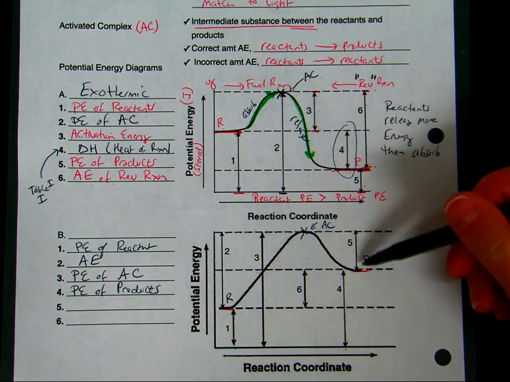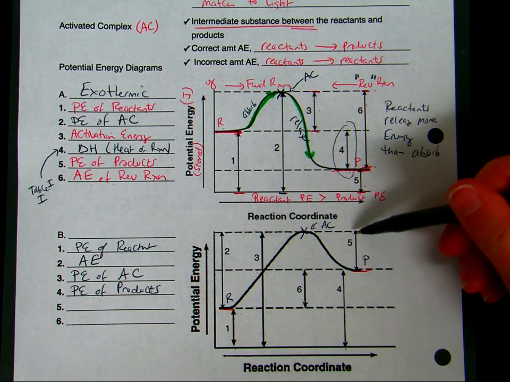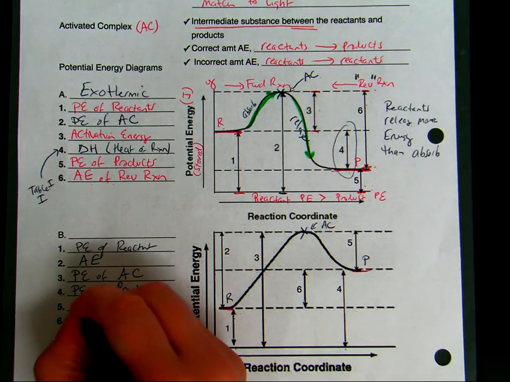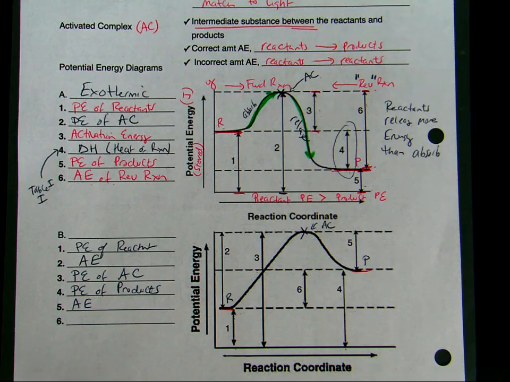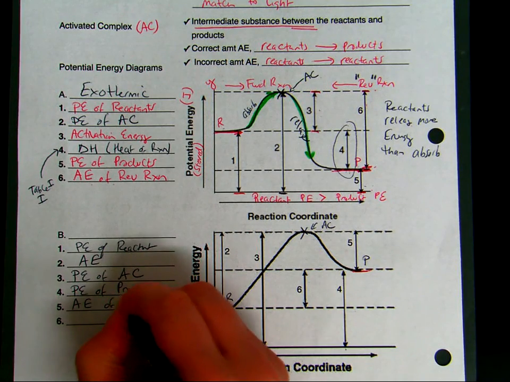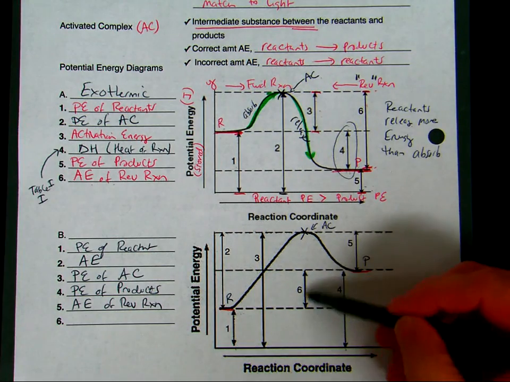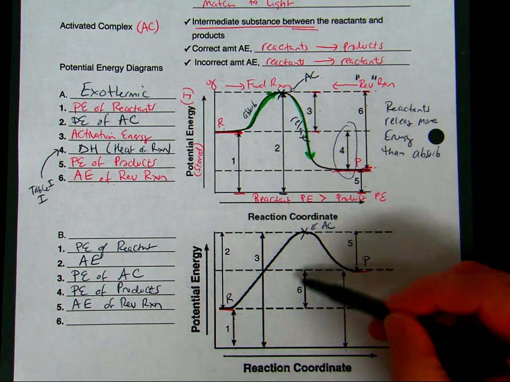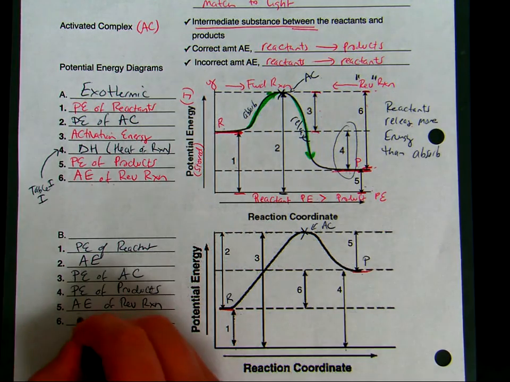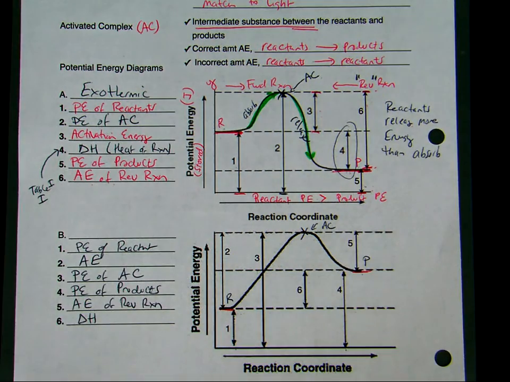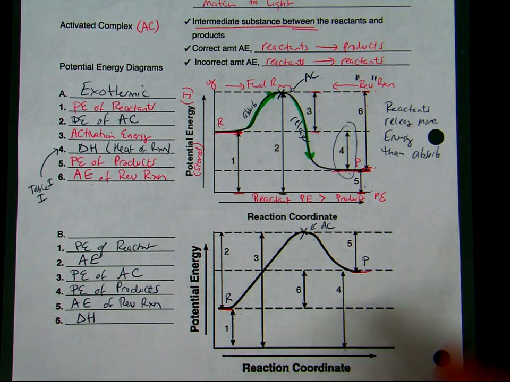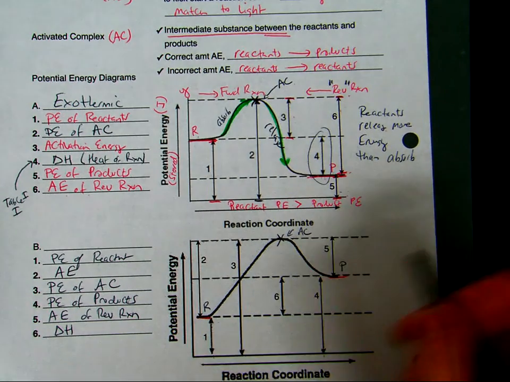Arrow 5 starts at the products platform and it goes to the peak, so this is also an activation energy, but it's of the reverse reaction. And then arrow 6 is that region between the two platforms, so this must be a delta H value. Now, in this case, take a look.